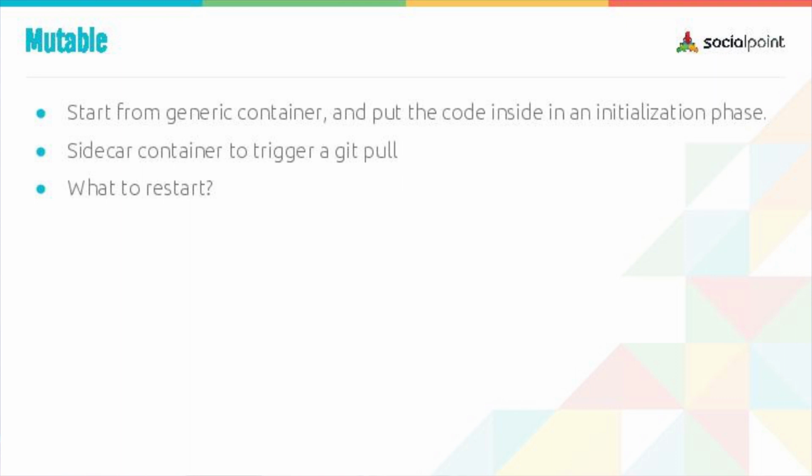With mutable, we can start from a generic container and put the code inside in an initialization phase. Then we can use a sidecar container to trigger pulls to the repository to update the code. And also, if we use mutable infrastructure, we have to restart some services that are running inside the container.